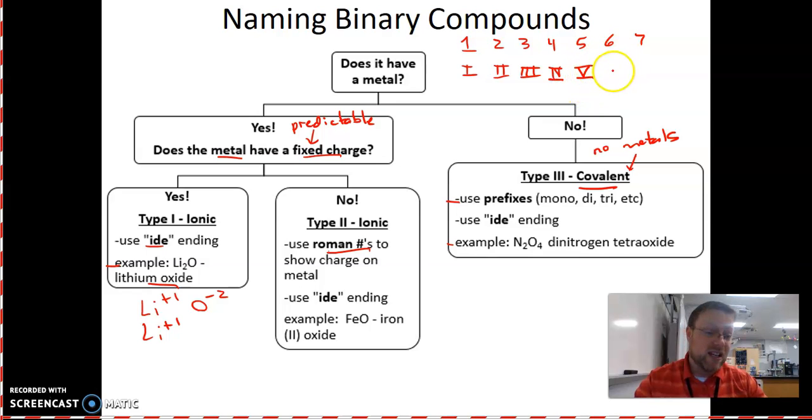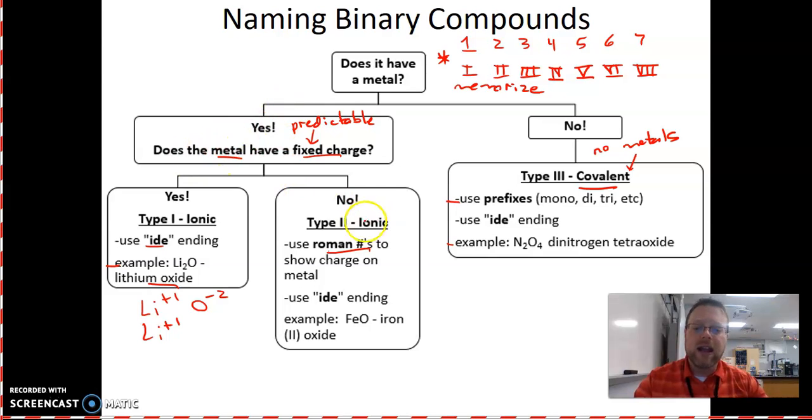The Roman number for 6 is 1 after 5, and so they write this as VI. The Roman number for 7 is 2 after 5, and so they write this as VII. You may want to take a moment and make sure that you memorize what the Roman numbers look like and how to know what those numbers are.